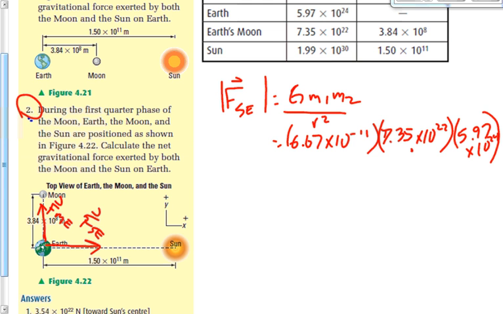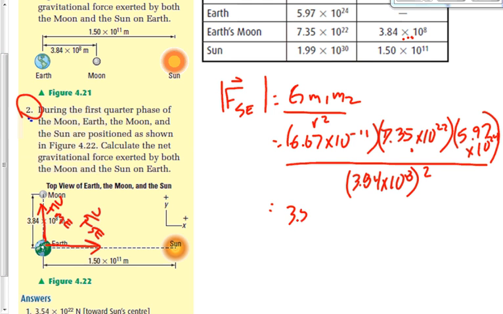Let's divide that by the distance between the moon and the Earth, 3.84 times 10 to the 8, and square that. What do we end up getting there for the force? 3.53 times 10 to the 22.